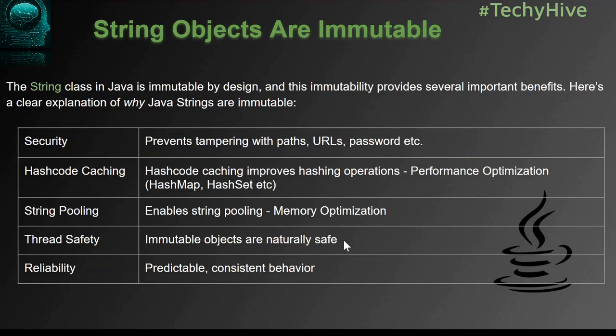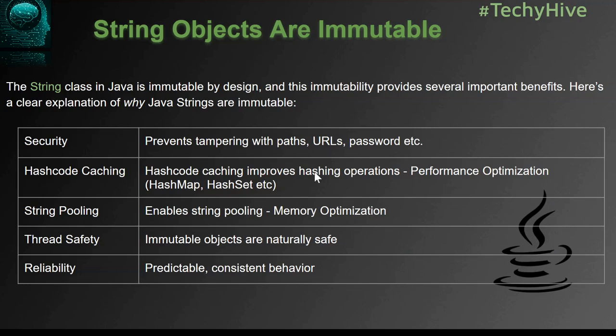Let's go back to the other advantages. The next advantage is hash code caching. In a HashMap, we generally use String as the key, and as strings are immutable, Java creates the hash code for the strings in advance and uses it for the keys.